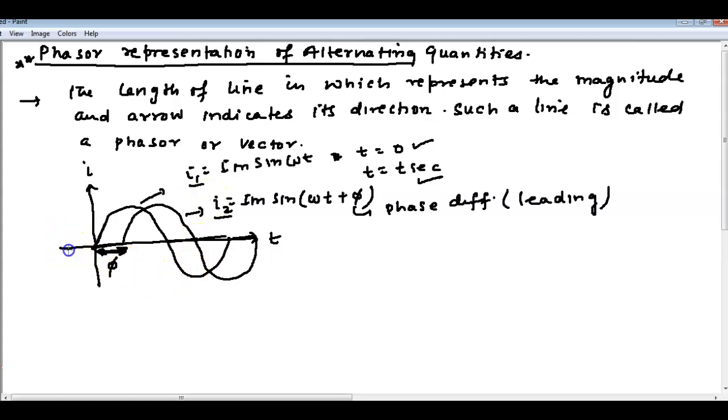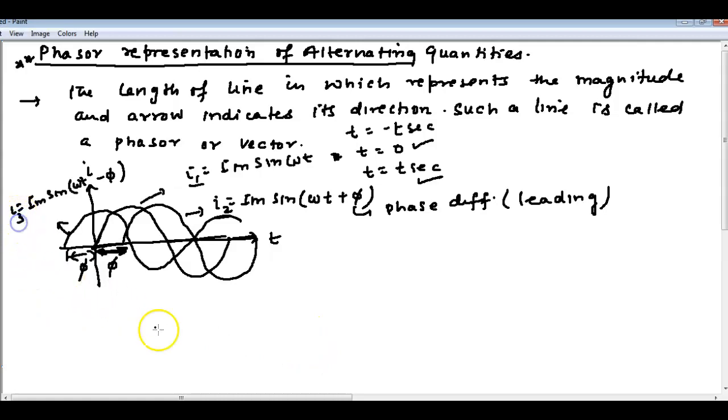Similarly, consider a current going before t is equal to 0. Minus second is not possible, but keep in mind this is 2 second, this is 0 second now. If it goes before, the graph will look something like this. The difference is also phi, and the equation of current I can write as I is equal to Im sine of omega t minus phi.